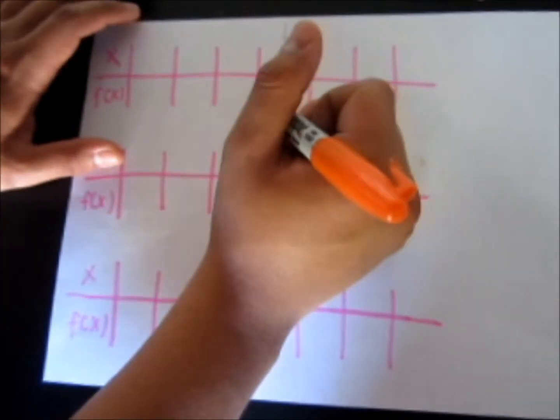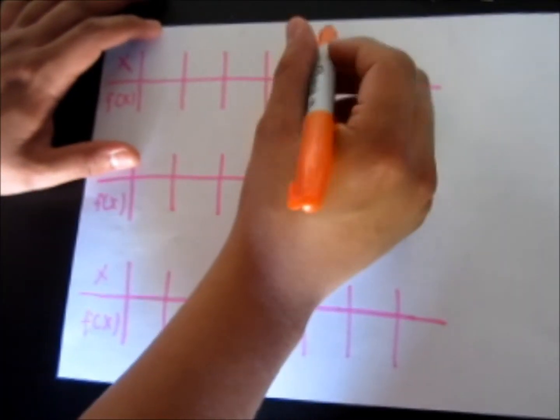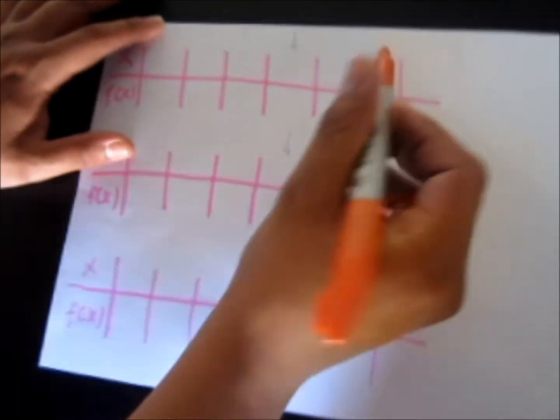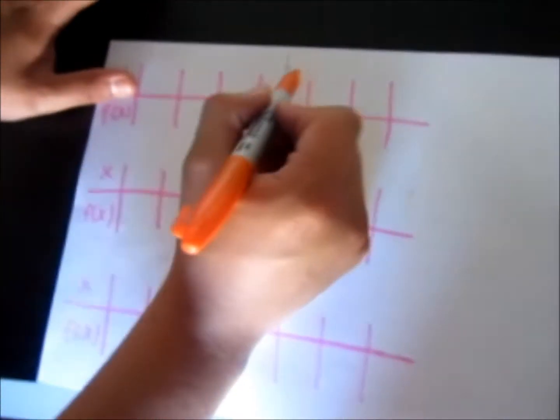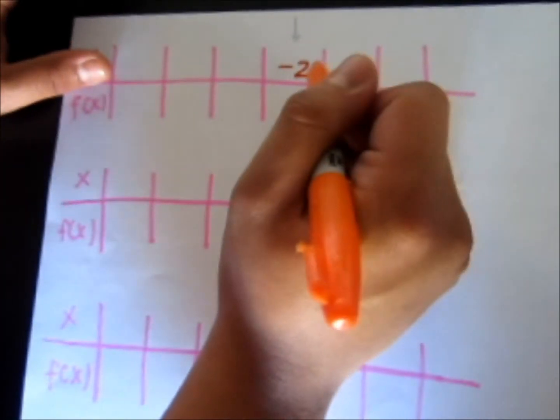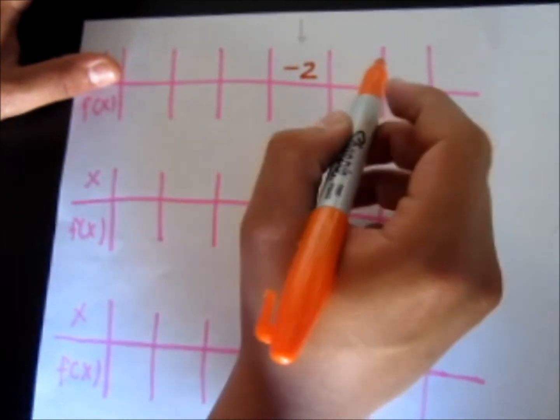Okay, to set up the numerical table, you first put in the x value, and in this case we're looking for -2. As we travel along the x-axis, it gets closer and closer to -2.